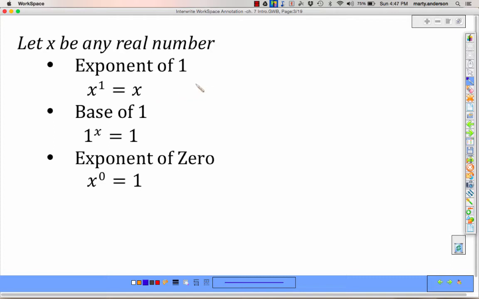That would sound odd and people would look at you strange. 1 to any power, if you multiply 1 a repeated number of times, is 1. If it's 1 to the 7th, it's still 1. And then this is one that we do need to remember. Anything to the power of 0 is equal to the number 1, and that's one that people can get confused by sometimes. So please remember that anything to the power of 0 is equal to 1.